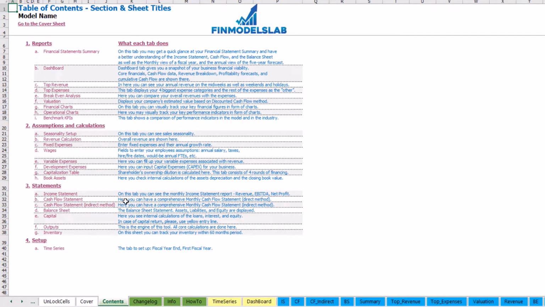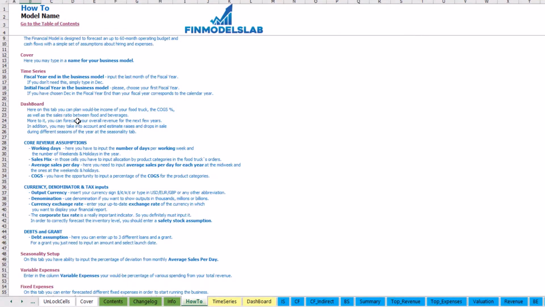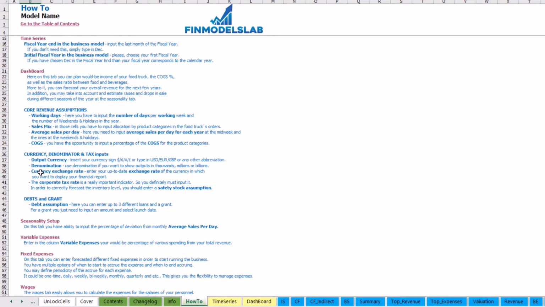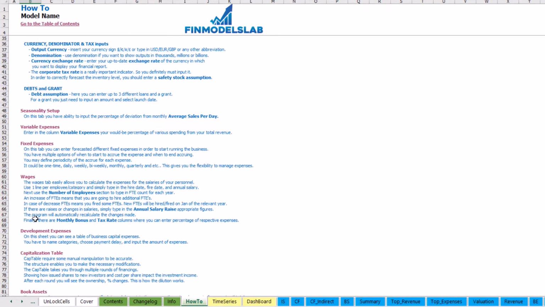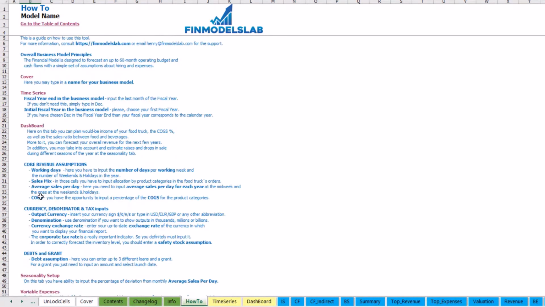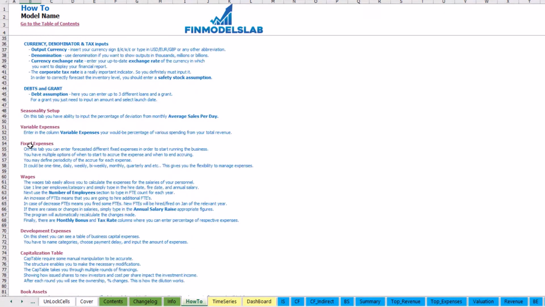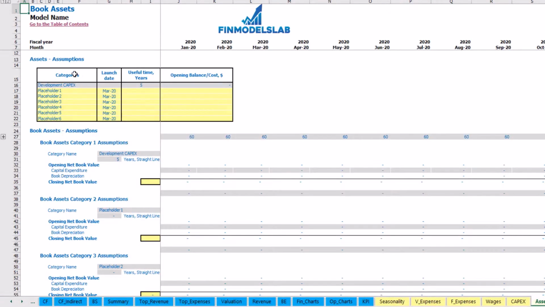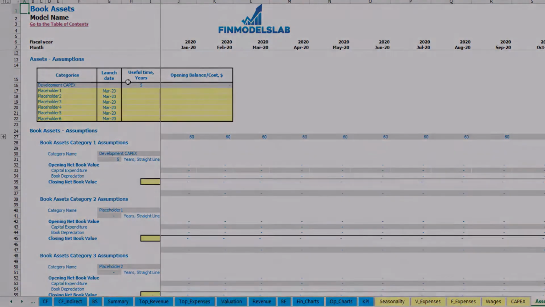There is a short explanation about what each tab does, but if you want to know more, you can go to How To and see a more detailed explanation of what each tab does and what inputs and outputs you may find on this sheet. Any header of this section is also clickable, so you may click on, for example, Book Assets and you go directly to this tab.